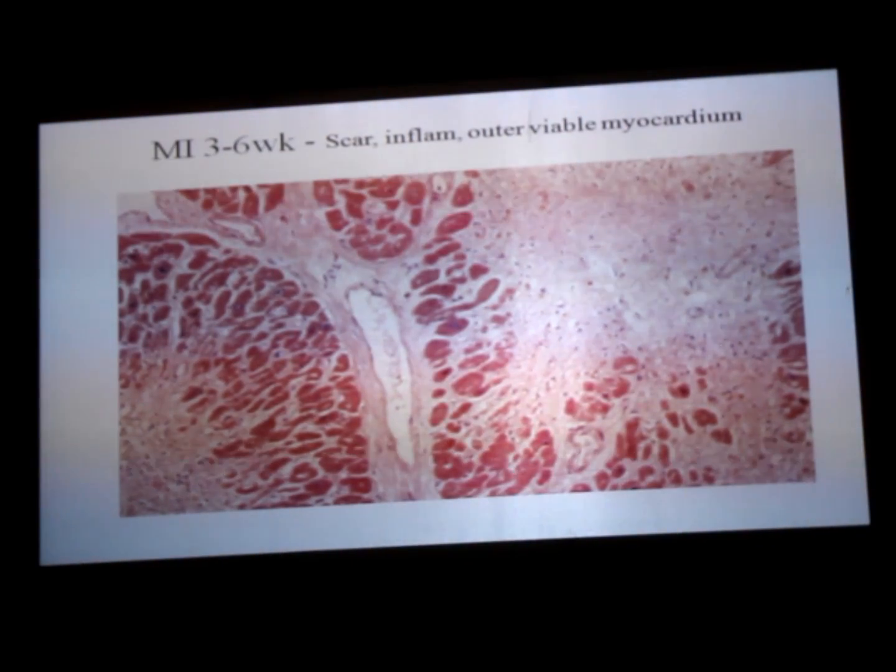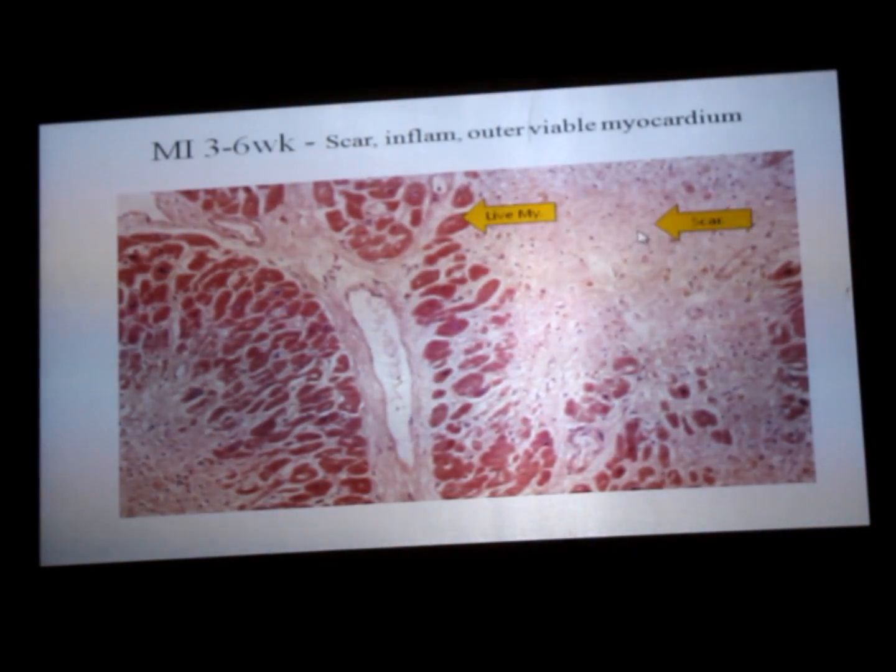Like normal myocardium, the function is contraction, okay, pumping of blood to the body. So this part just gives strength, but function is not restored. Structure is restored or protected, but function is not restored by this scar. So these are live cells, live myocardium, this is the scar.